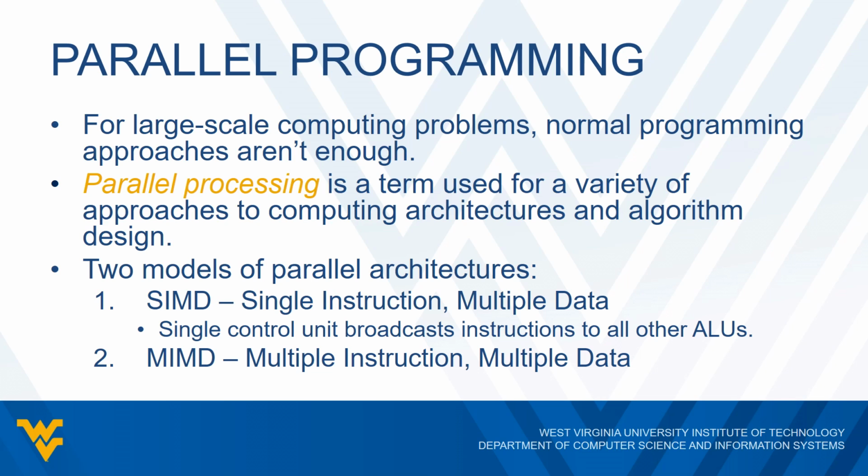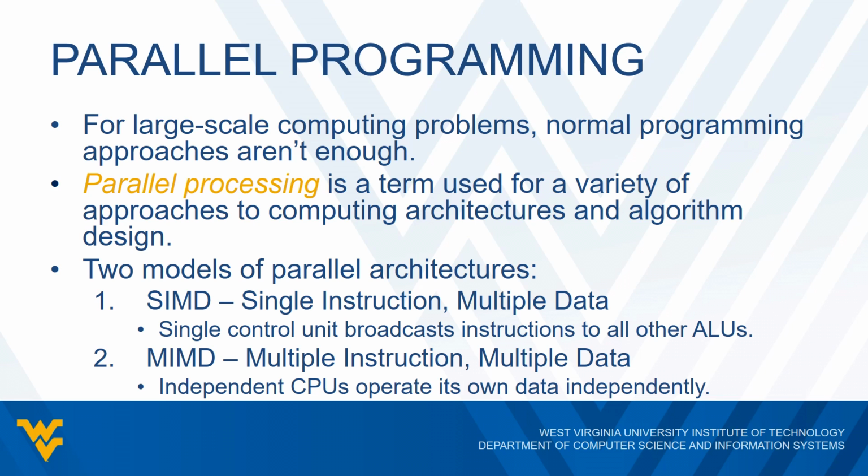The second model was MIMD, or Multiple Instruction Stream, Multiple Data Stream. The idea with this is that we have these interconnected processors that independently execute their own programs on their own data, and they communicate with each other as needed.